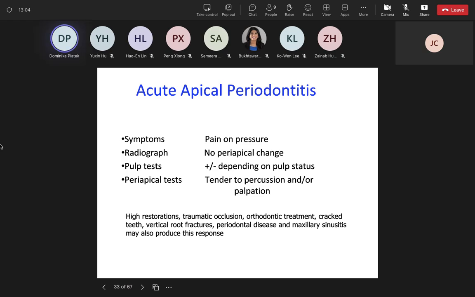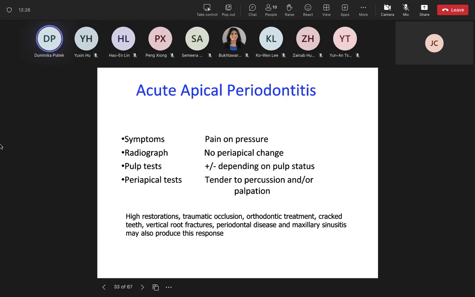and usually we will be able to find the proper tooth. If the patient has vertical root fractures, that state sometimes can be visible on the radiogram, but that visibility will usually come after some time, and it's connected with a kind of J-shaped halo on the X-rays. Periodontal disease also can cause this tenderness to percussion, especially when we observe some mobile teeth.